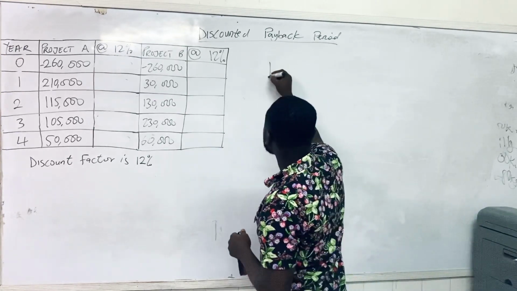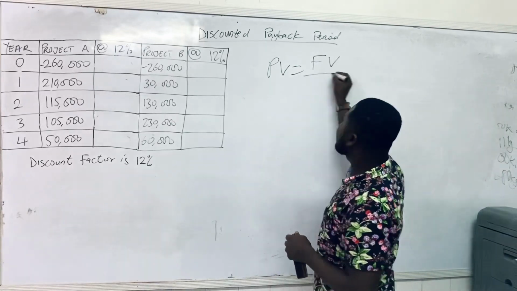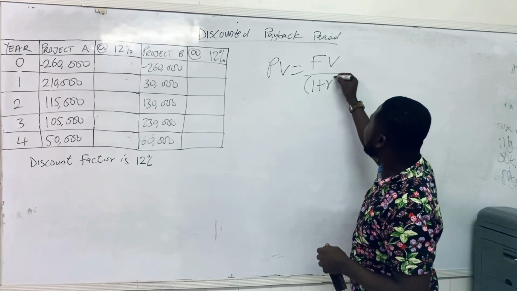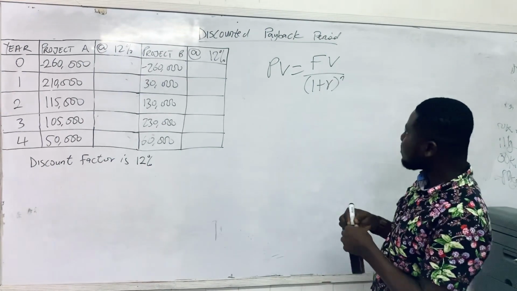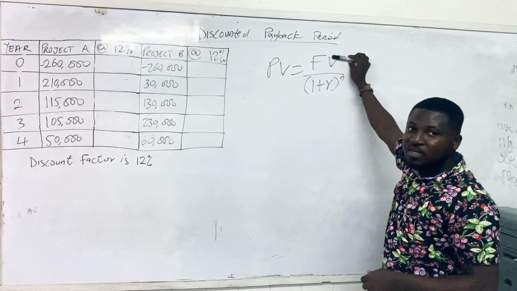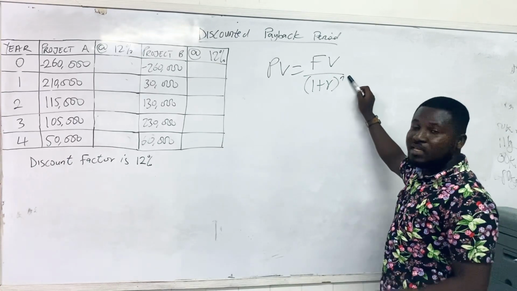apply the PV formula, which is PV equals FV, which is our future value, divided by 1 plus R exponent n. So our present value equals our future value divided by 1 plus R exponent n.